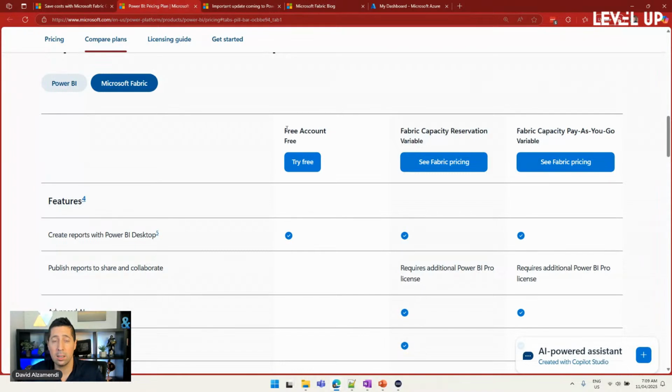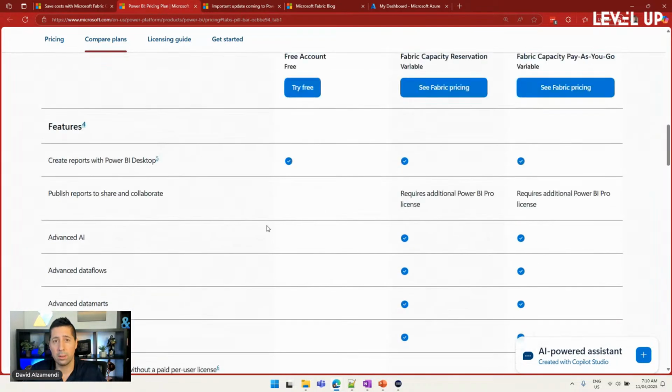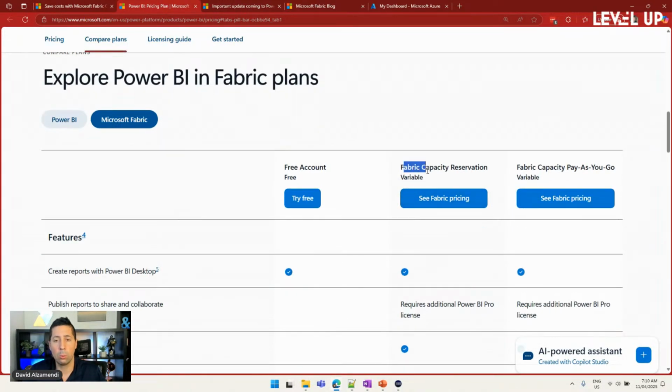If you're learning or you want to try a few things, yes, you can get a free account. And of course, you can get a trial capacity, which is great. They currently give you 60 days of free trial capacity. But from an enterprise point of view, you will always look at the reservation pricing model or the pay-as-you-go model.